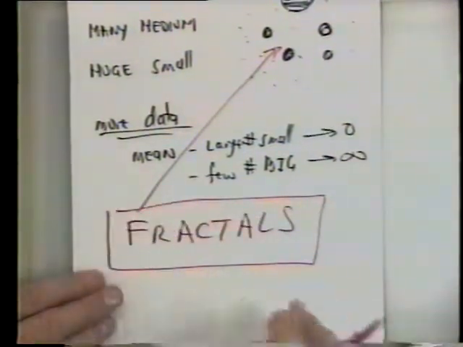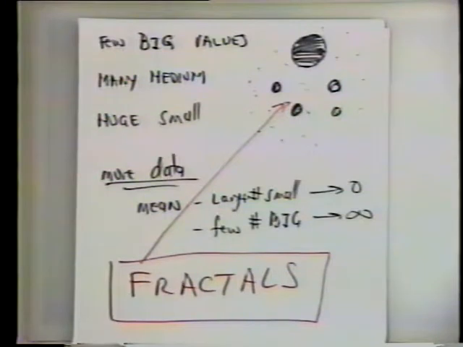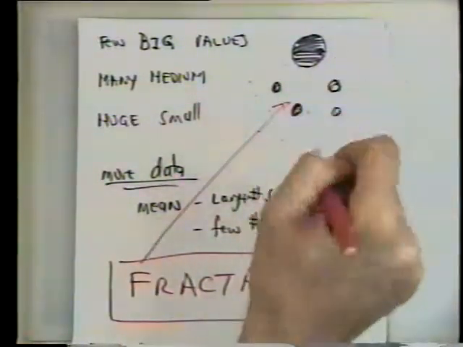So now we're going to deal with the statistical properties of what I'm calling fractals. And as I said, the reason why I'm doing this is because I'm going to emphasize fractals as systems in space or time that have these statistical properties.